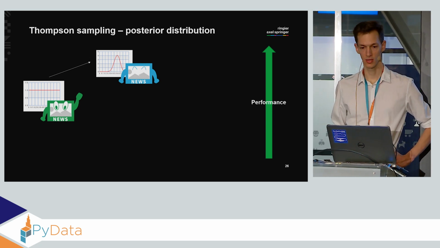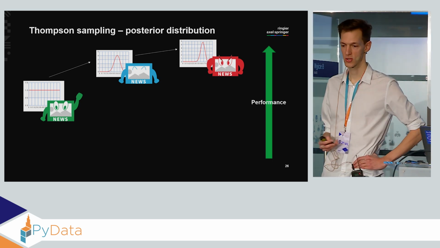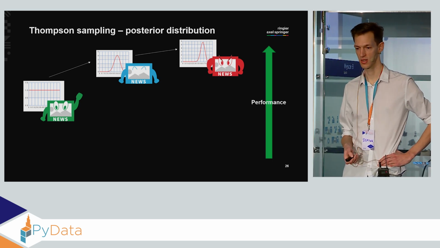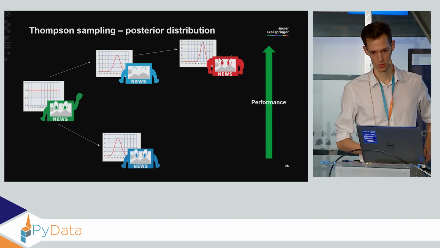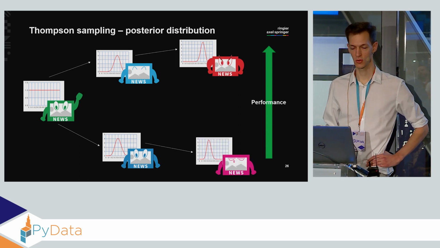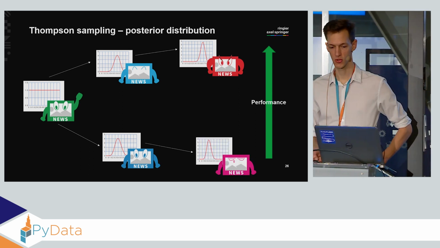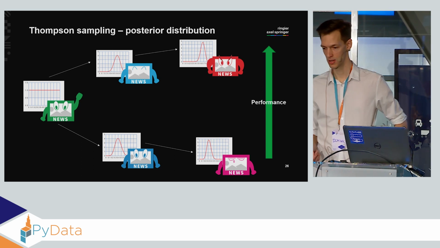And then we can update it even more so that, as you see, the peak becomes narrower, which represents our increasing confidence in this article performing well. And on the other hand, we can do a symmetric operation where we skew the distribution to the left. And this represents our belief that this article will not perform well.